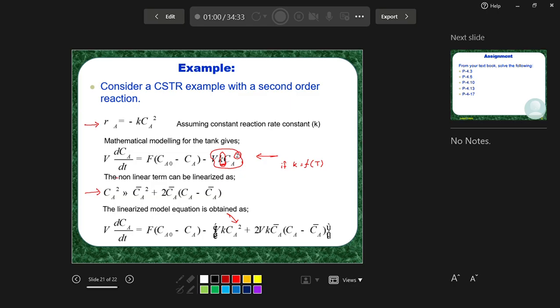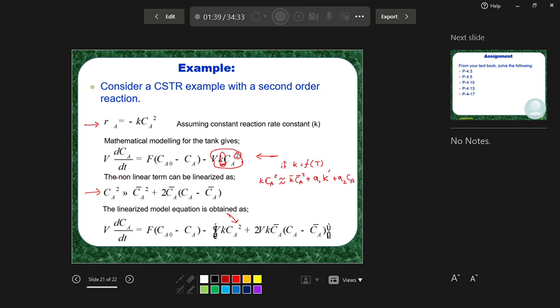Then we have to linearize K times Ca squared, and we have to use the multivariable form in which we need the steady state value of these plus some constant, which is the derivative of the function, so we'll call this probably a1, times the K prime plus a2 times Ca.